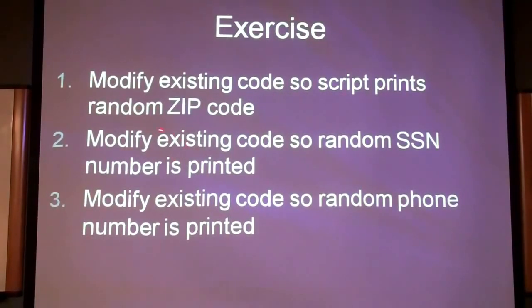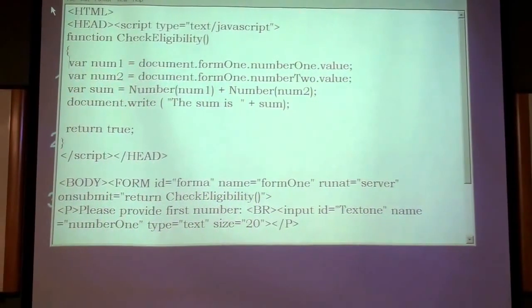We're going to go back to exercises 2 and 3 later on, but for the very first one, you need to modify the existing code so that a zip code is generated. Let's assume this is the short form, which should contain 5 digits.